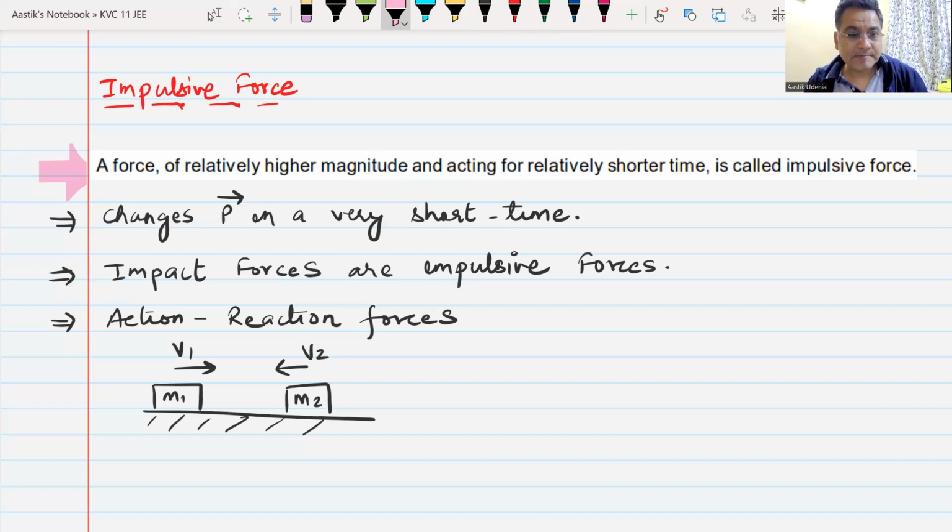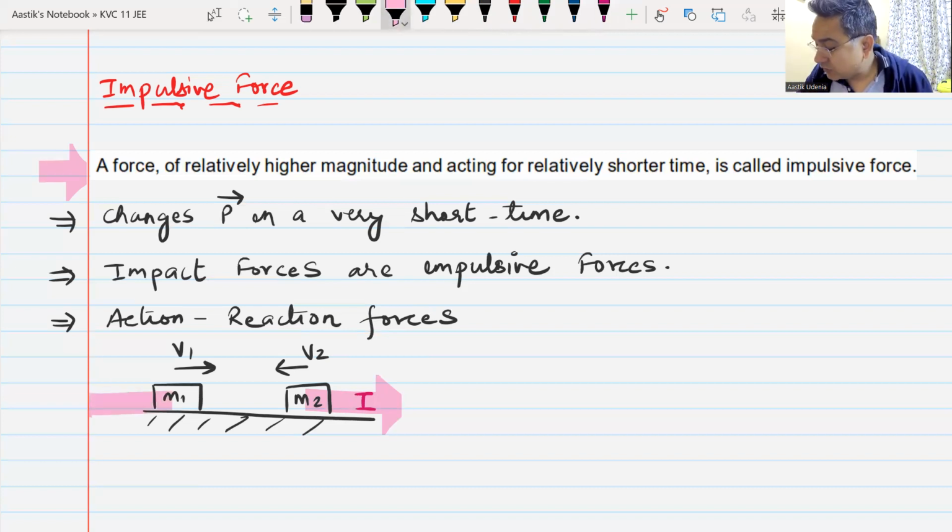Yes. Opposite side. Which opposite side? Right, left? It will be in this direction that the impulsive force will act. This impulsive force will act on body 2 because of impact with body 1.